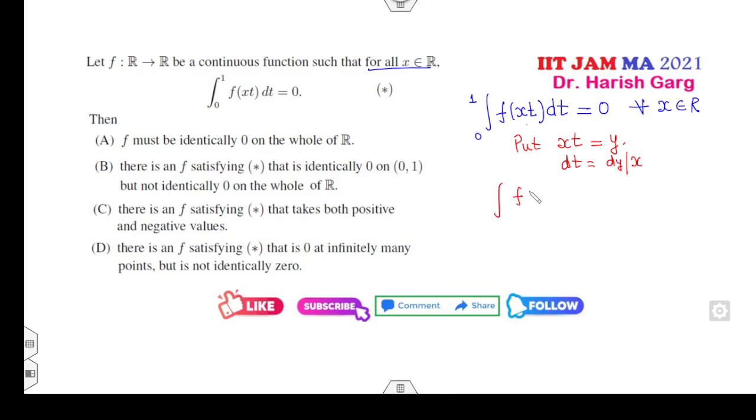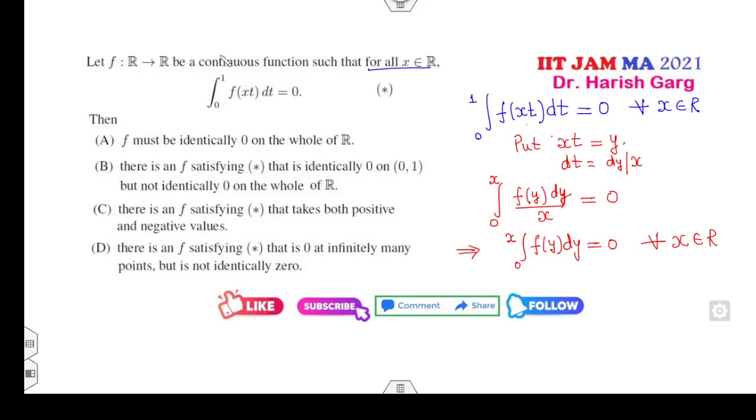So you can substitute: f of y dy over x. Limits: when t is 0, y is 0. When t is equal to 1, the value of y is x. Which is equal to 0. Because the integration is with respect to y, I can take x common. So the integral of f of y dy is equal to 0 for all x in R.